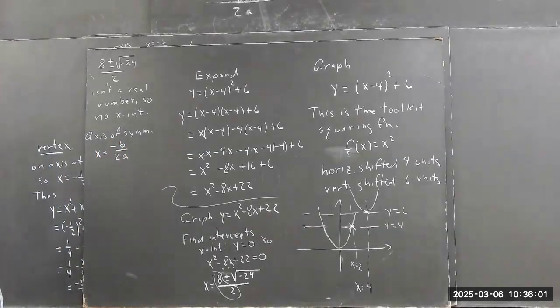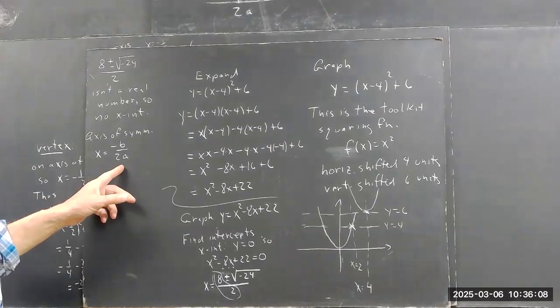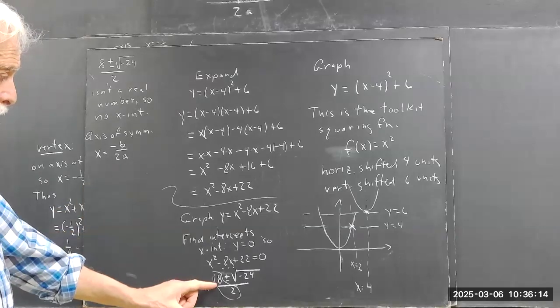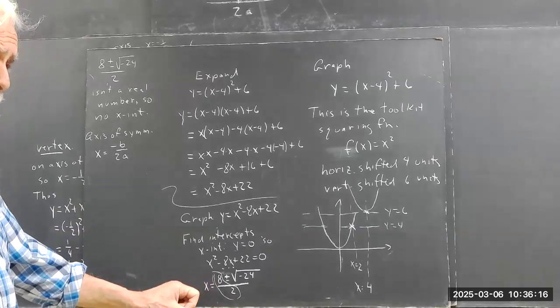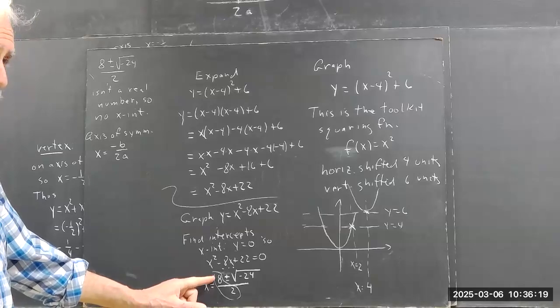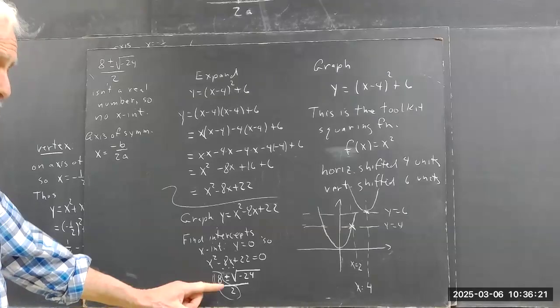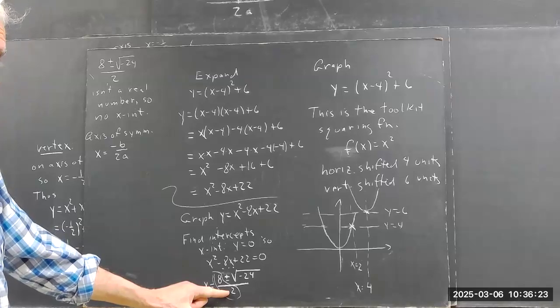Now, I'll write out x equals negative b over 2a. But you don't want to memorize that as a separate formula. You will have to memorize the quadratic formula, okay? You realize that in the quadratic formula, the 8 is your negative b, and the 2 is your 2a, right?